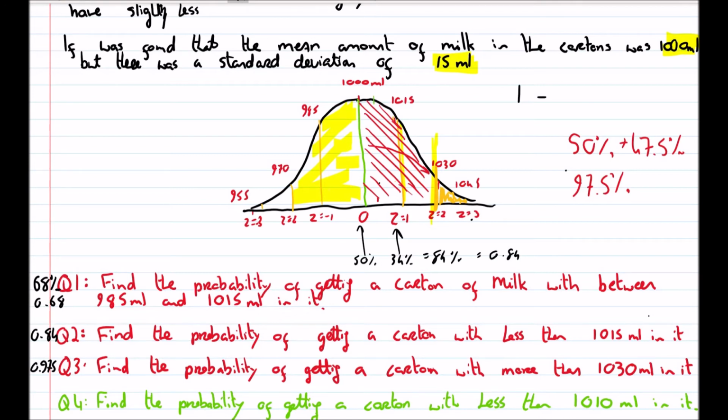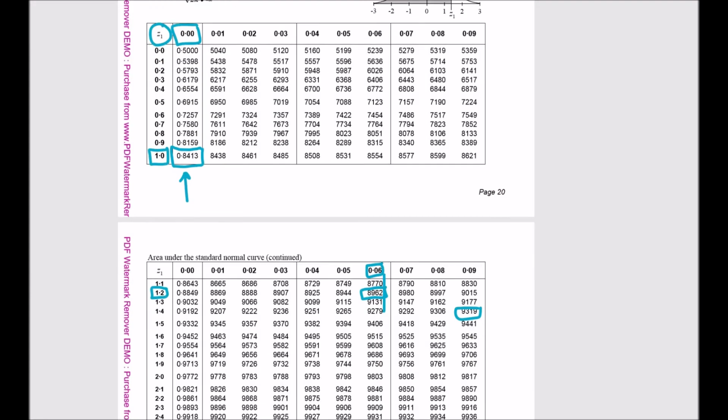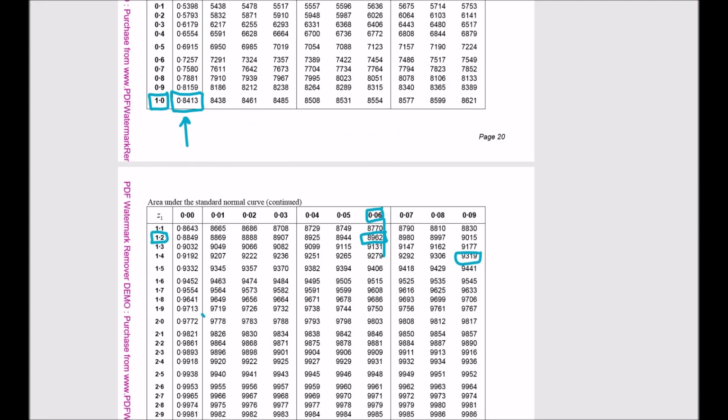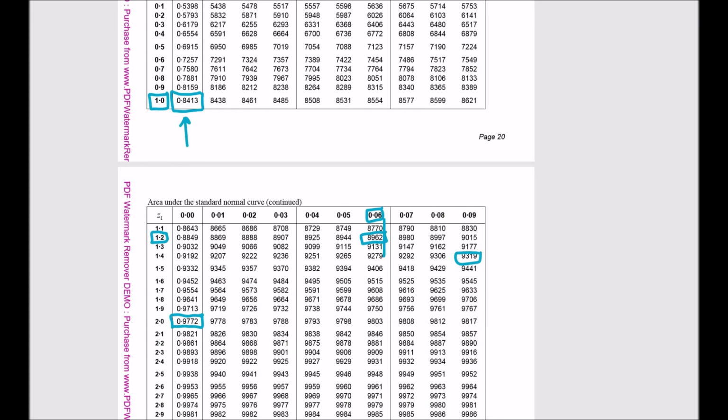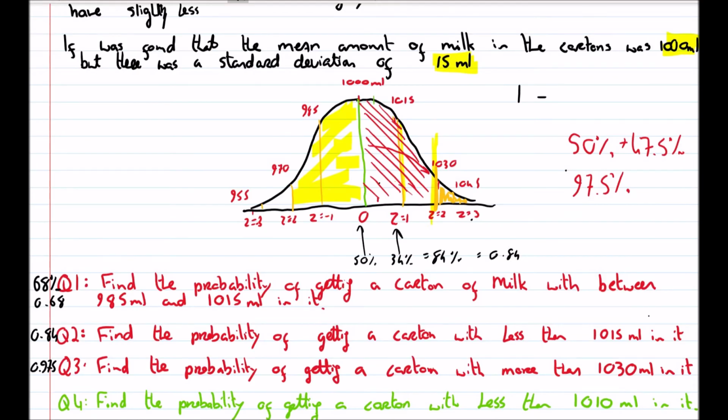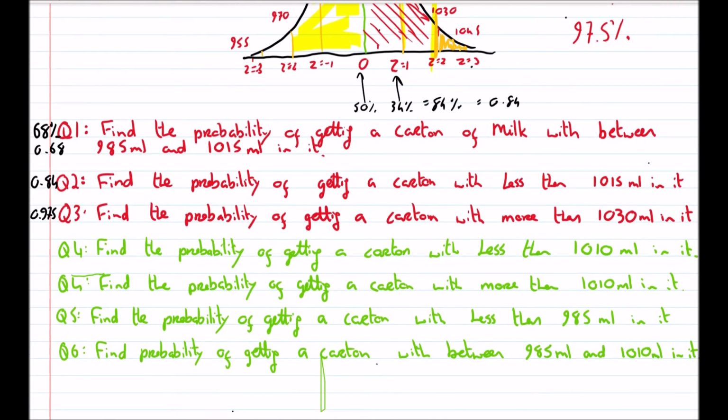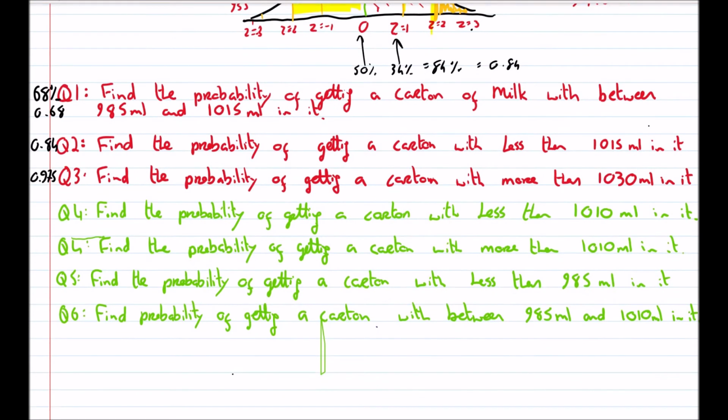Let's check it on the tables though. We're looking for z equals 2. So z equals 2 is here, so 97.72%, which is 0.9772. So again, the z-scores are a little bit more precise. As I said, this is not an exact science, it's not always 68%, it's thereabouts.